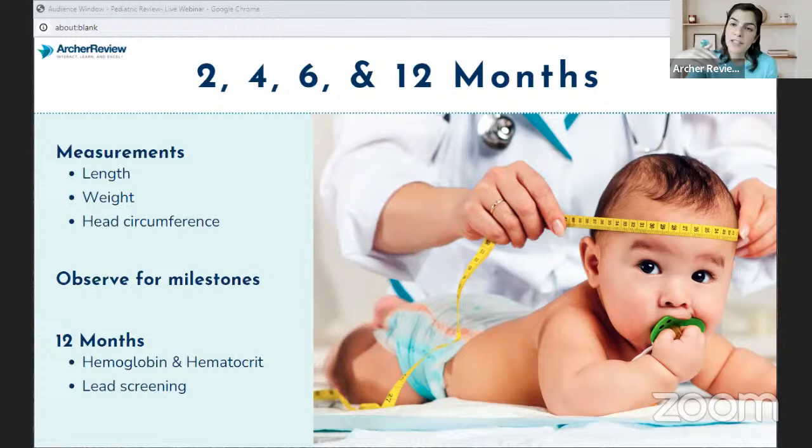At the 12-month check, you're going to check for signs of anemia. You're going to do the hemoglobin hematocrit. You're also going to do a lead screening. Not all states require lead screening. I personally live in a state where it does not require lead screening, and yet I asked my pediatrician to still do it. Why? Because without lead screening, sometimes we have no idea the child has been exposed.